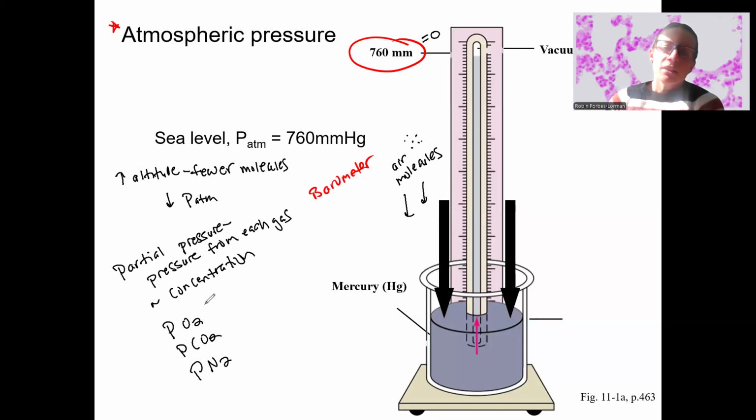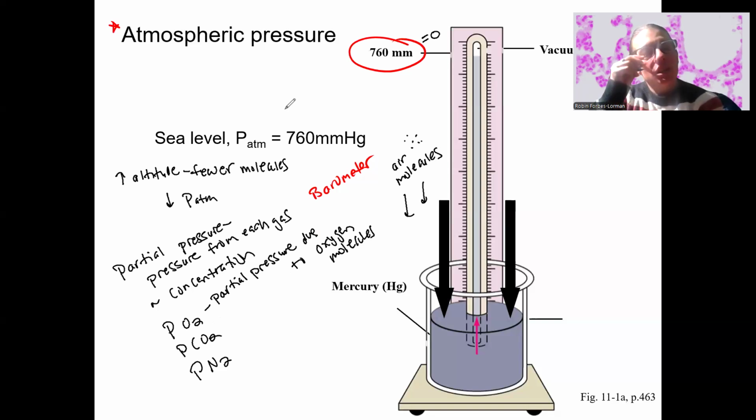This is talking about the partial pressure, the amount of pressure due to oxygen molecules. The partial pressure of each individual gas adds up to our total atmospheric pressure. We'll see this again, but I do want you to know now, when I say PCO2, that's the amount of CO2. It's equivalent to the concentration when talking about gases.